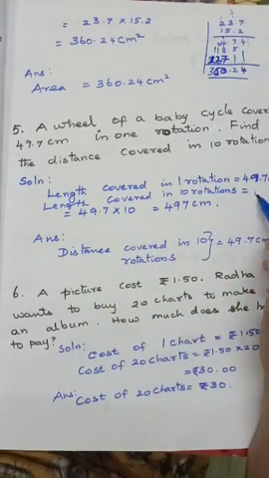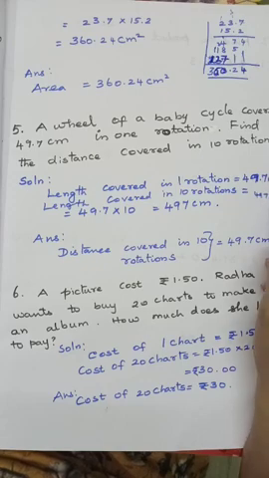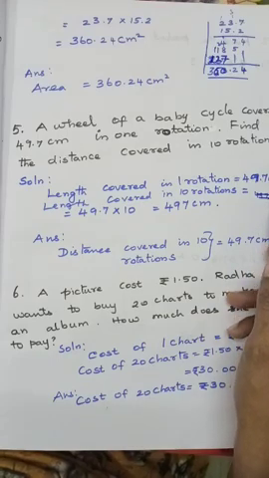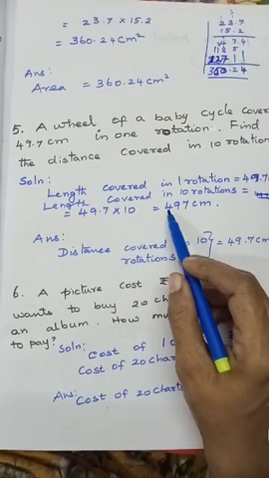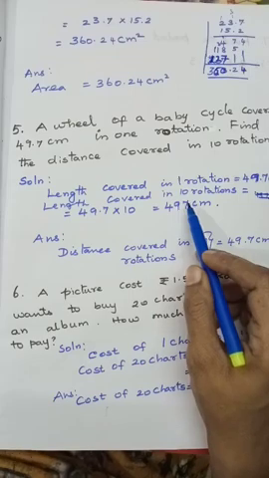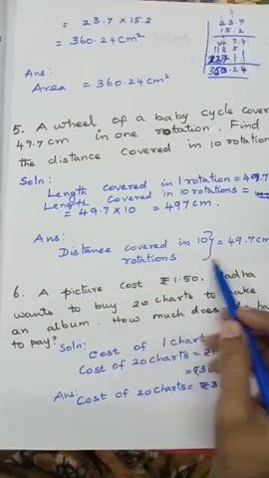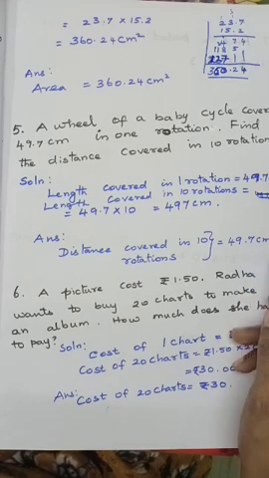It will come as 49.70. After one digit you have to keep the point. So after the point, after 0 there is no value. So 497 centimeter. Answer. Distance covered in 10 rotations is equal to 497 centimeter.